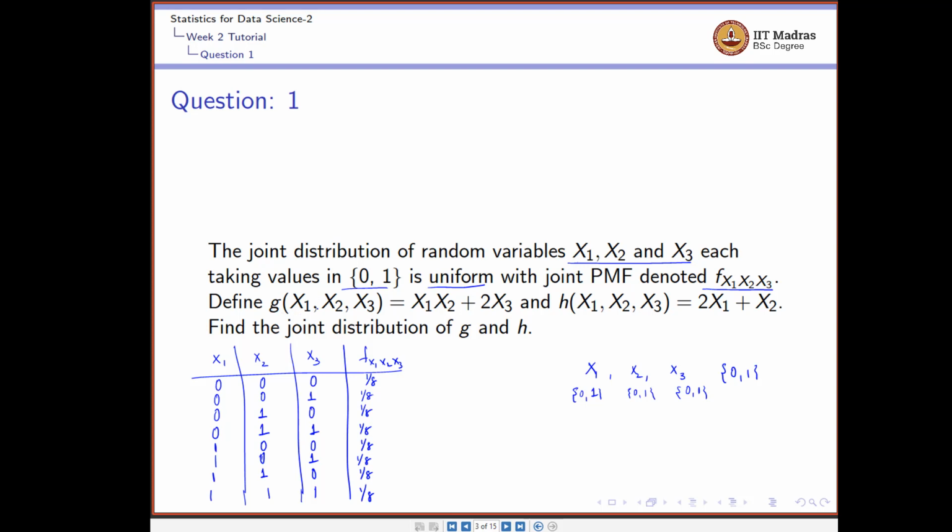Now we have another function g of x1, x2, x3, that is a function of our three random variables x1, x2, x3, and it is denoted by x1 x2 plus 2x3, and we have another function h that is given by 2x1 plus x2. Now we have to find the joint distribution of g and h.